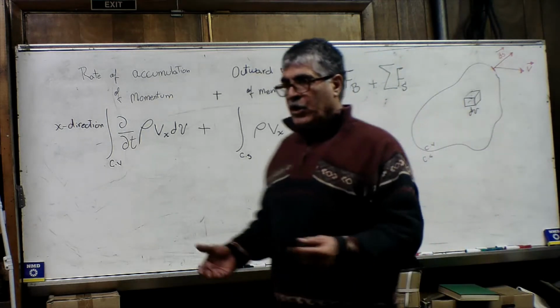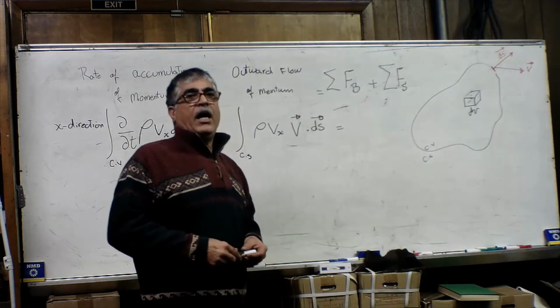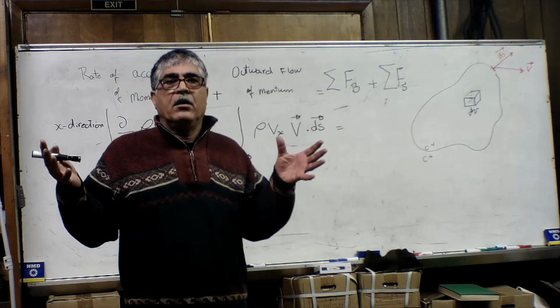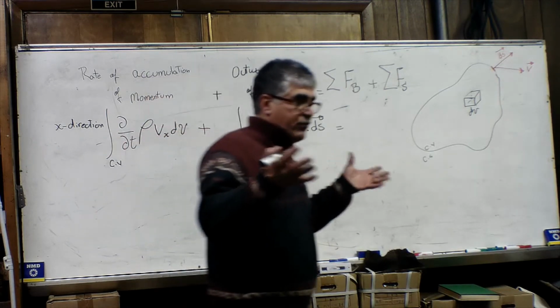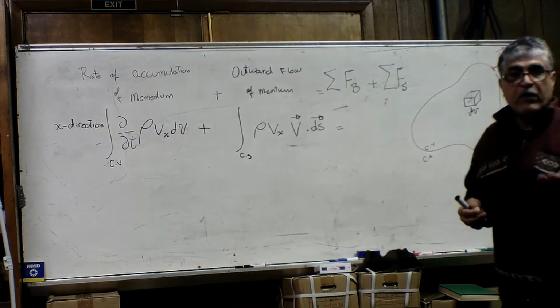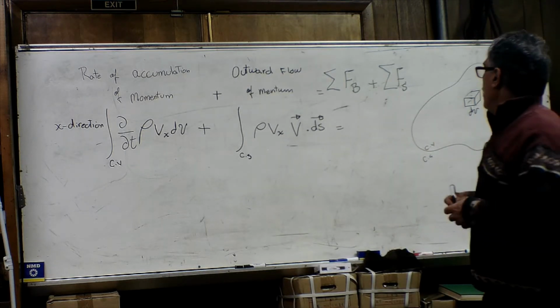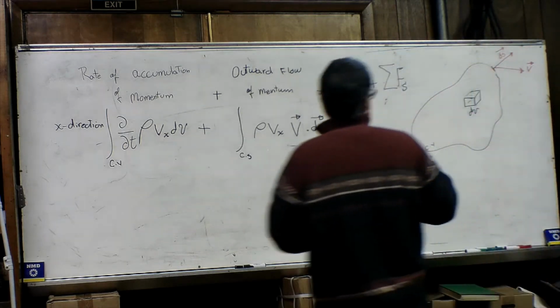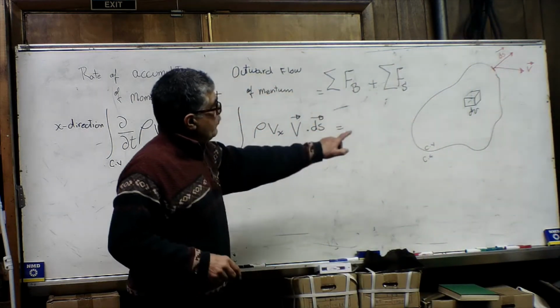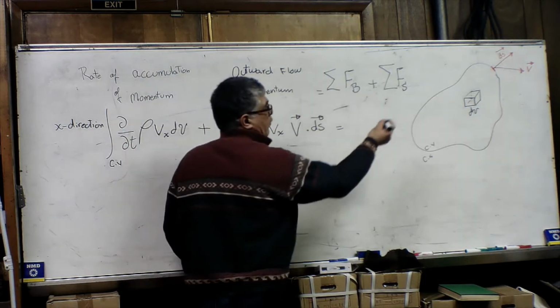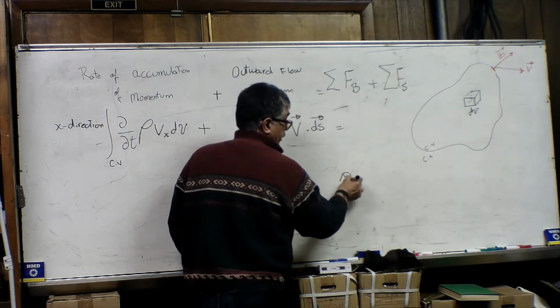We said that body forces can be denoted as force per unit mass, or force per unit volume. So the unit mass for that differential volume will be rho dV.